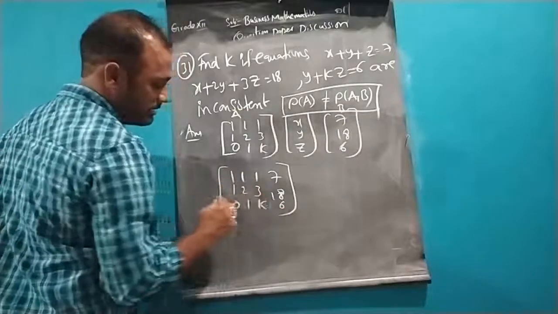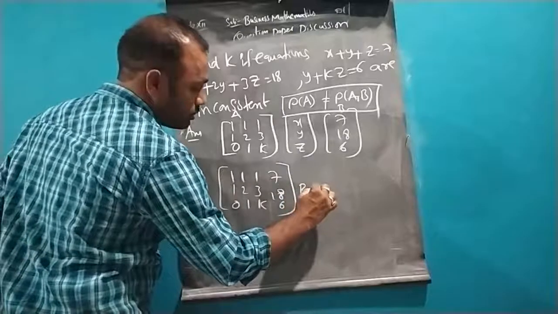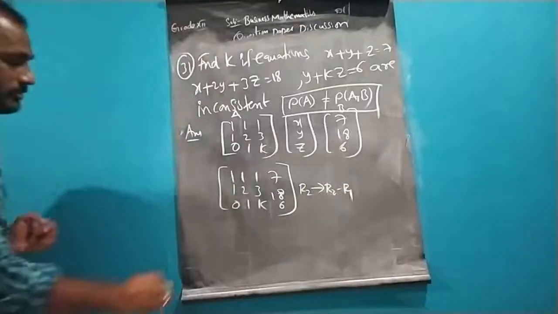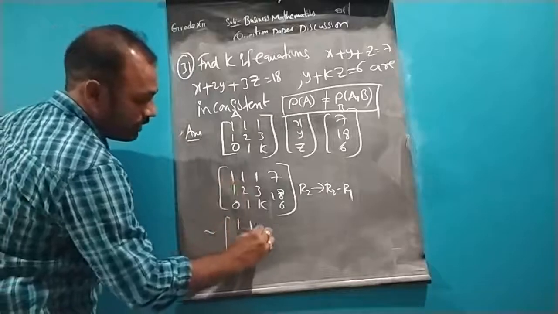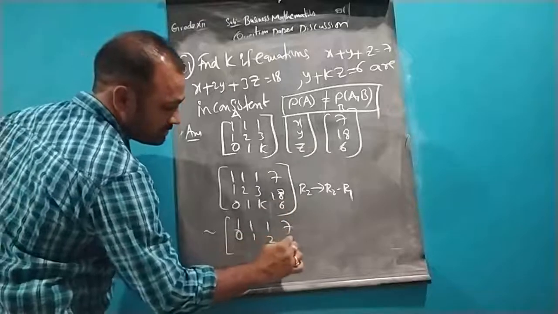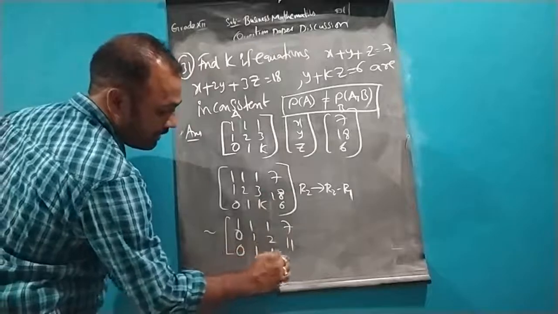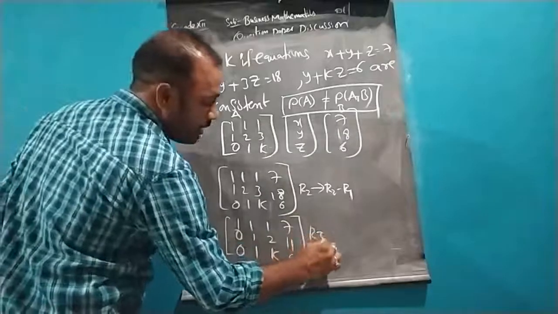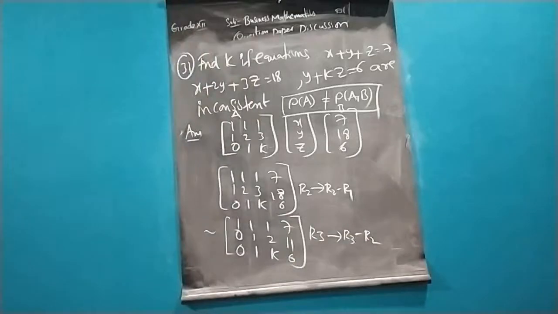In this augmented matrix, the first operation is R2 becomes R2 minus R1, giving 1 1 1 7, then 1 minus 1, 2 minus 1, 3 minus 1, 18 minus 7, then 0 1 k 6. Next we apply R3 becomes R3 minus R2.